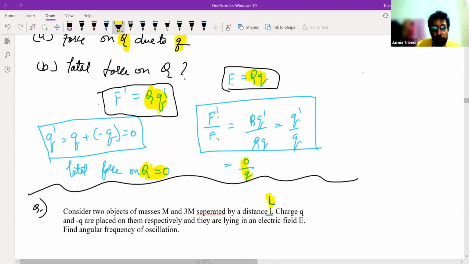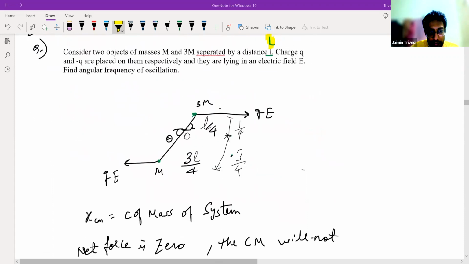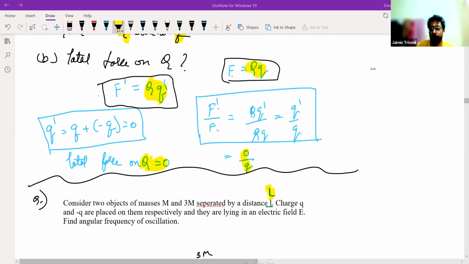Yeah, try this one. This is distance L. Okay, it's not 1, it's distance L. Charges Q1 and minus Q are placed in them respectively.